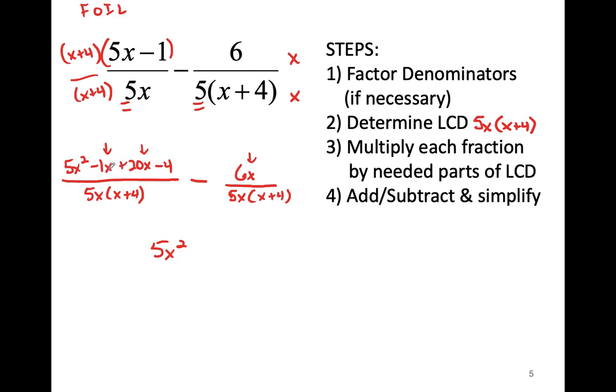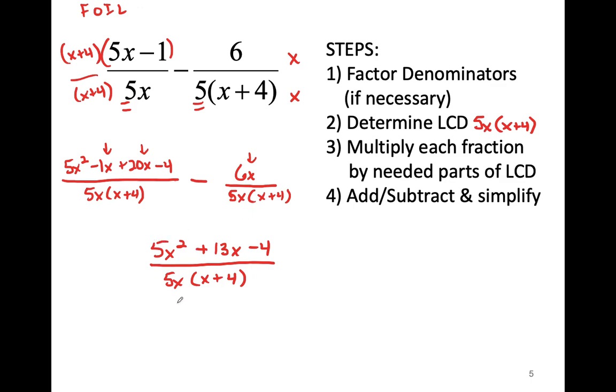I have a negative x plus 20x, which gives me positive 19x. And then minus 6x, so I'm going to end up with a positive 13x. And then I have this 4 hanging out on the end here. It doesn't have any like terms with it. So there's my new numerator, and my denominator, 5x times x plus 4. And that is as far as we can go.